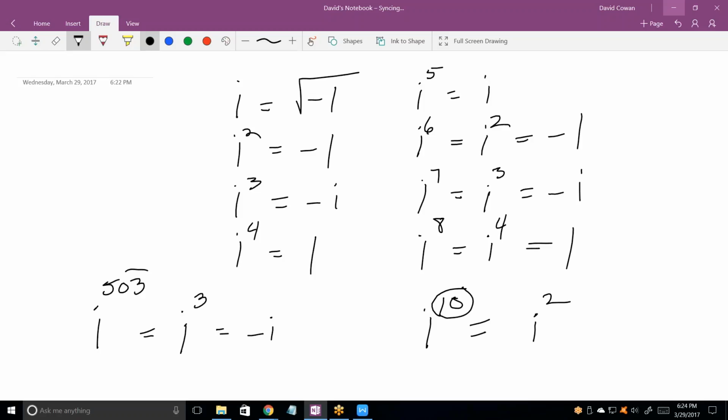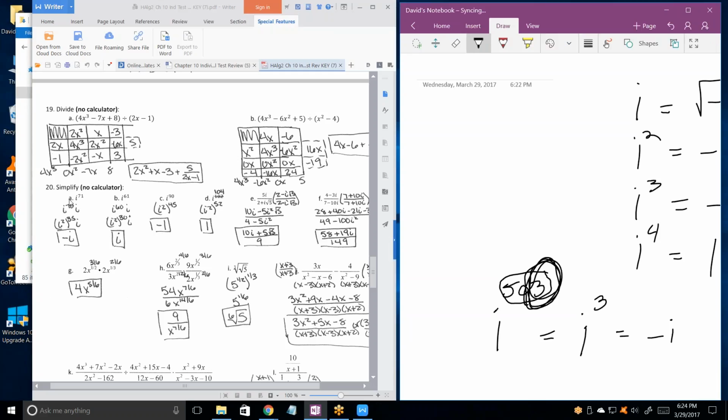In other words, first of all, 100 is divisible by 4, 200 is divisible by 4, 700 is divisible by 4. So when we have a number like 503 and we divide it by 4, we know that's our remainder, 3.